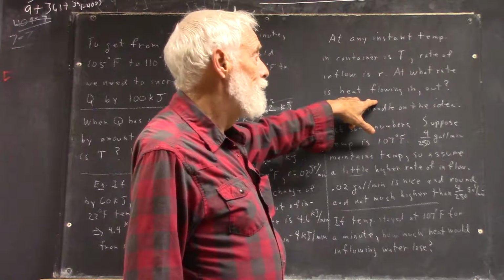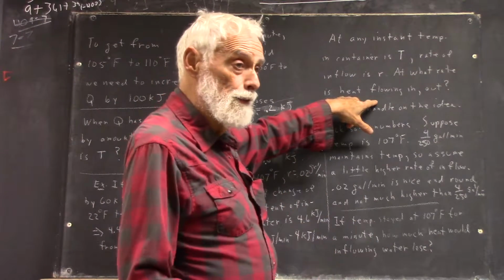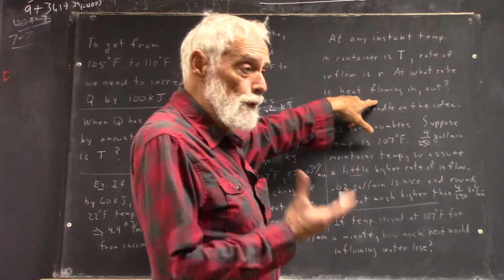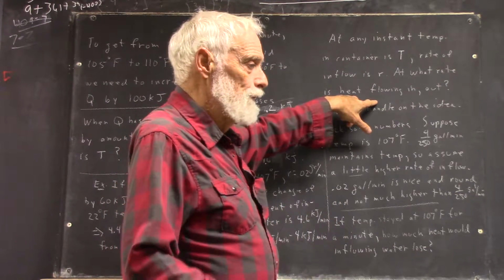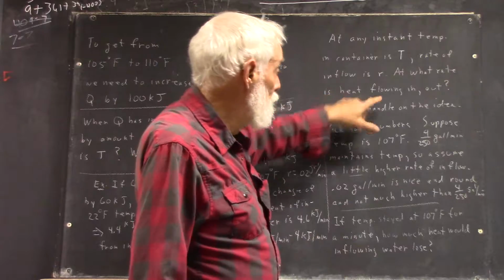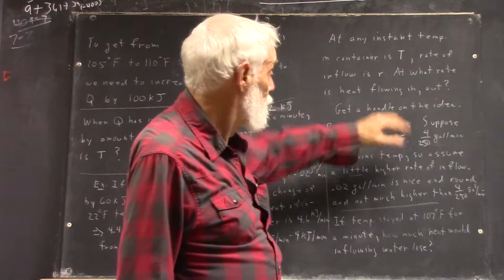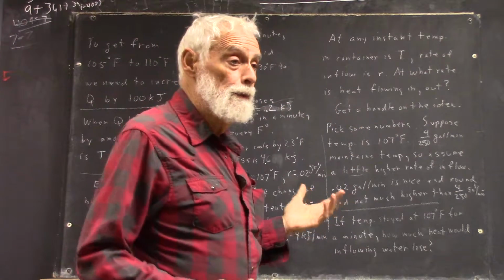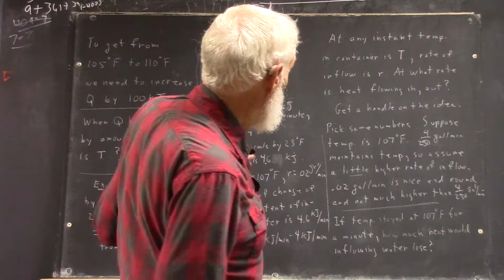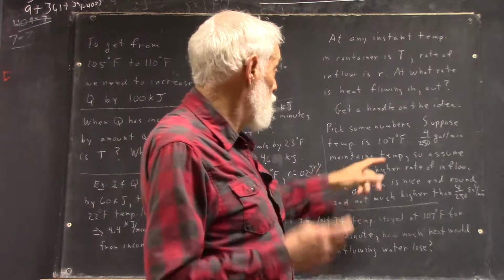Again, if you're fairly experienced in doing these things, you may be able to just write this down symbolically. There's a better chance at this stage in the course that most students are going to need to get a handle on just what is going on with that. So we get a handle on the idea by just picking some numbers. Okay? Temperature is going to be between 105 and 110, so let's just pick 107 degrees.